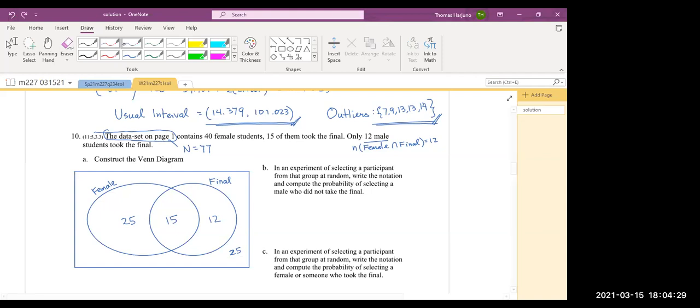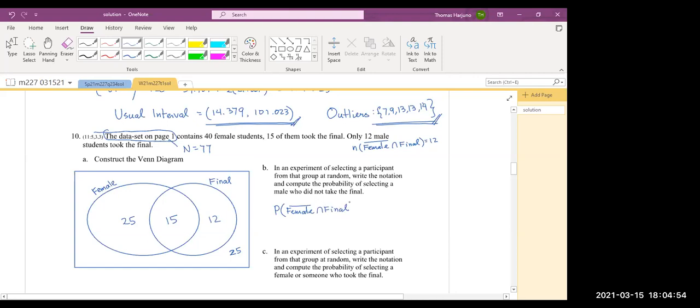If I really wanted to manipulate the numbers, I wouldn't like this because there are two 25s there, but this is just what I got from the data. Now write the notation and compute the probability of selecting a male who did not take the final.